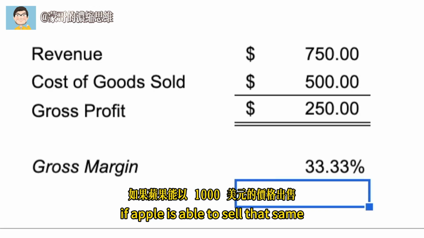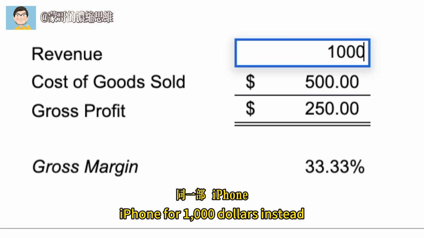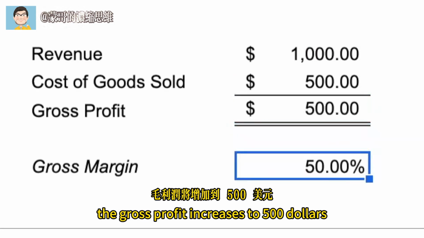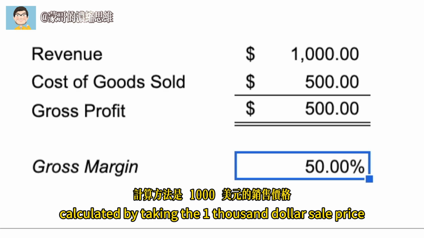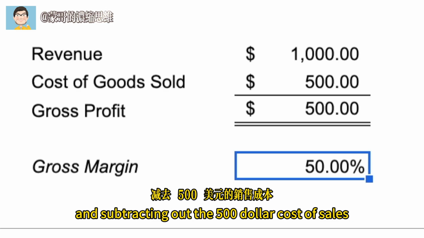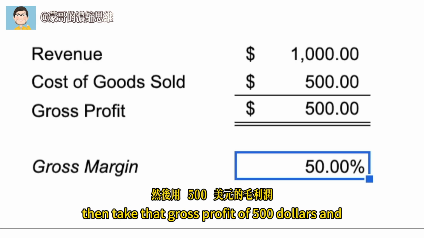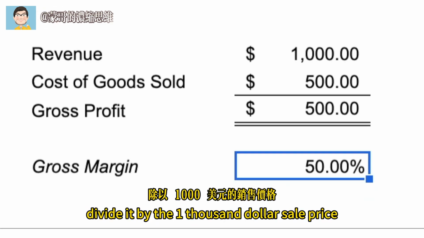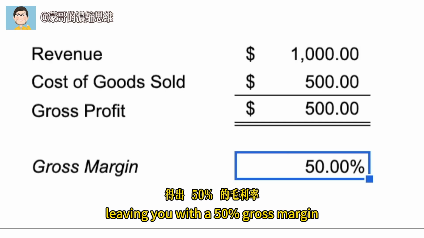However, if Apple is able to sell that same iPhone for $1,000 instead, the gross profit increases to $500, calculated by taking the $1,000 sale price and subtracting out the $500 cost of sales. Then take that gross profit of $500 and divide it by the $1,000 sale price, leaving you with a 50% gross margin.